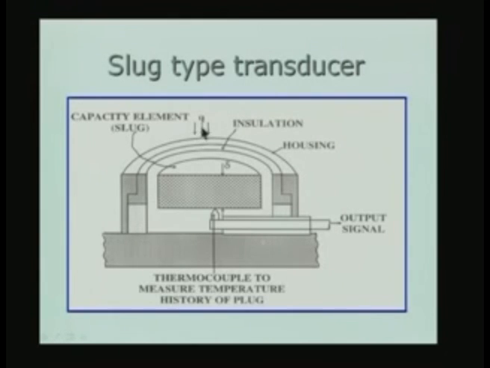Q times T is the total heat transfer from the outside to the slug. Q into T must be equal to m into C, mass of the slug, into specific heat of the slug, multiplied by the delta T. Delta T is the temperature difference between the temperature at time t and the temperature with which it started. So, let us just look at that.